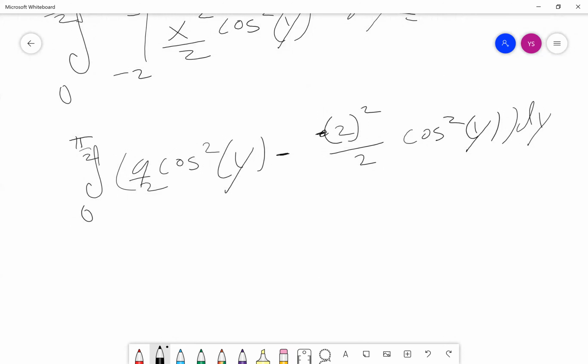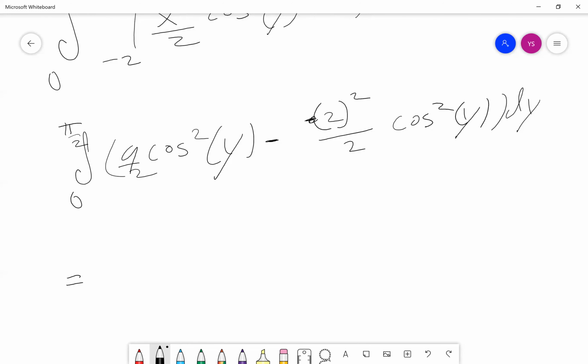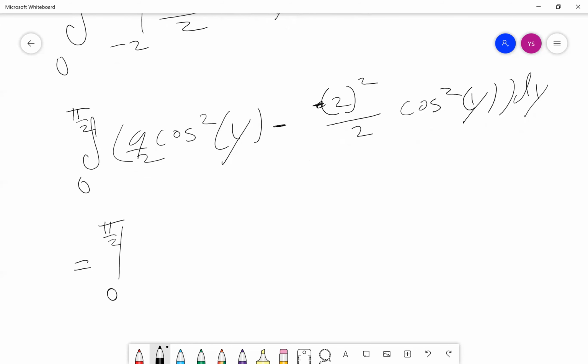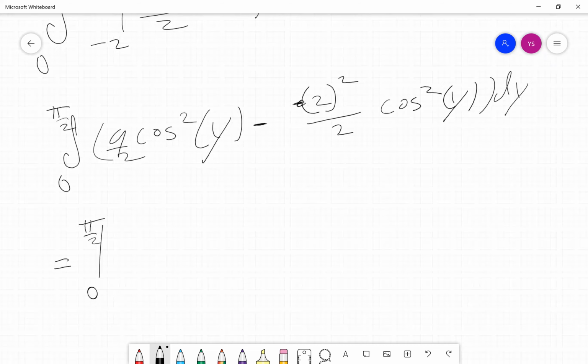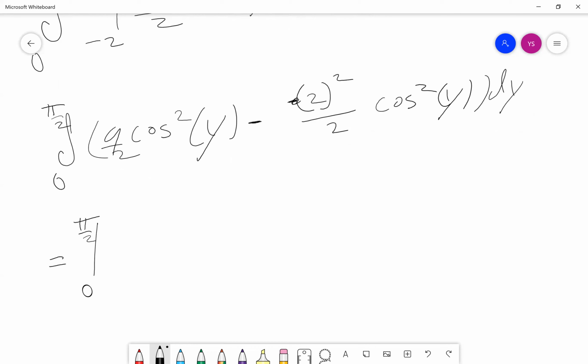So now when we take the antiderivative of this with respect to y, we get the bounds from 0 to pi over 2. Okay. So then we have this cosine squared y and another cosine squared y over here.